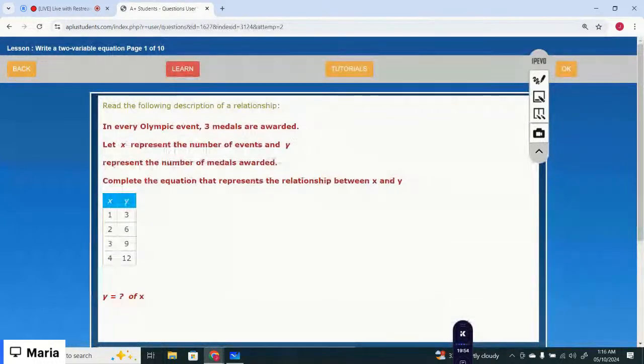In every Olympic event, three medals are awarded. Let X represent the number of events and Y represent the number of medals awarded.